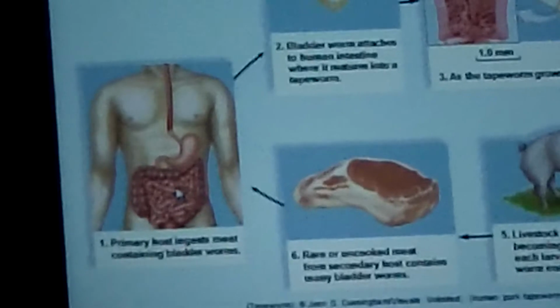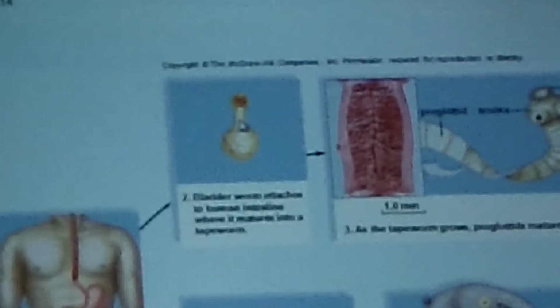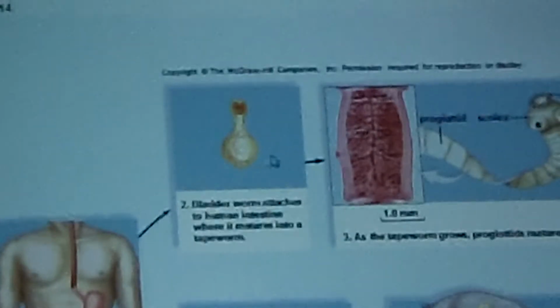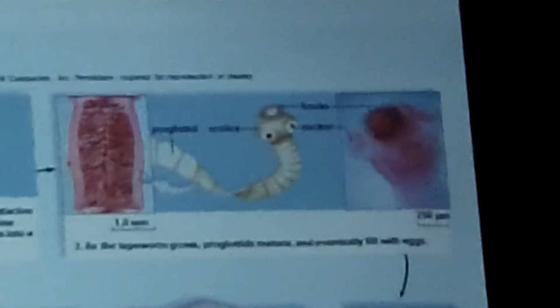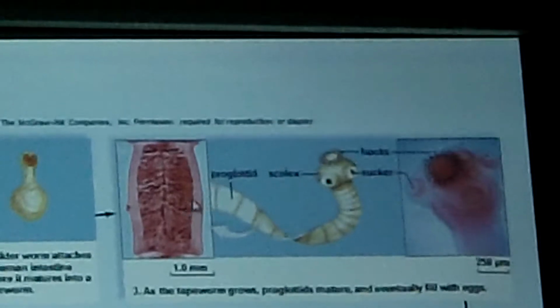That's your intestine. And that's what the baby worm looks like. It embeds in your intestine and grows into something that looks like this. It's got a head with hooks and suckers, and it embeds in your intestine, and it grows a real long body.